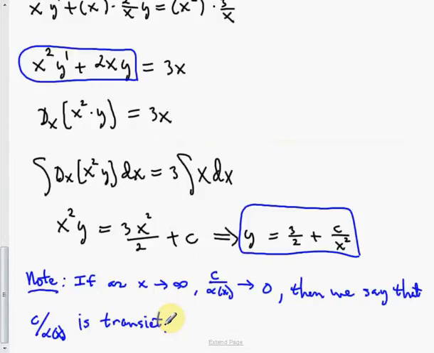So here, what happens to the limit for a particular solution? And if that limit goes out to 0, then later on in the second part of this course, we don't offer it here, there is examination about this transient term. We call it approximation theory.